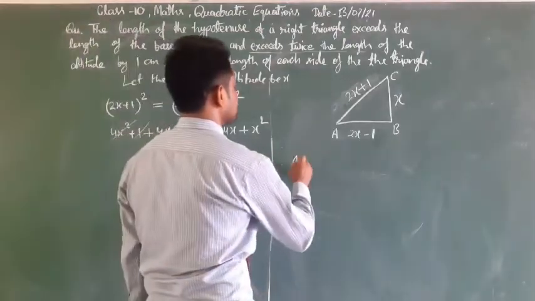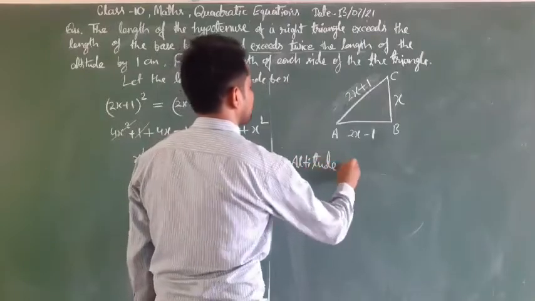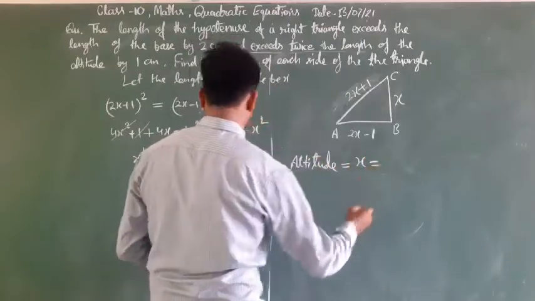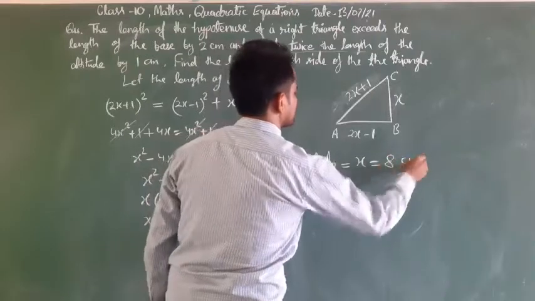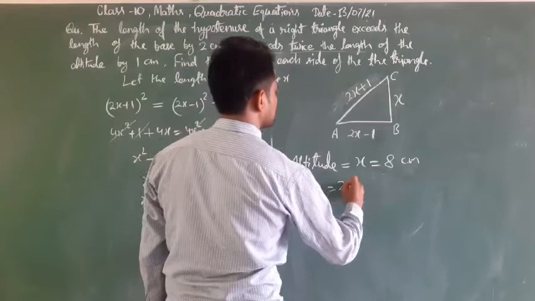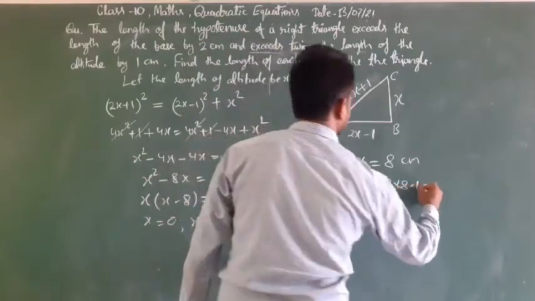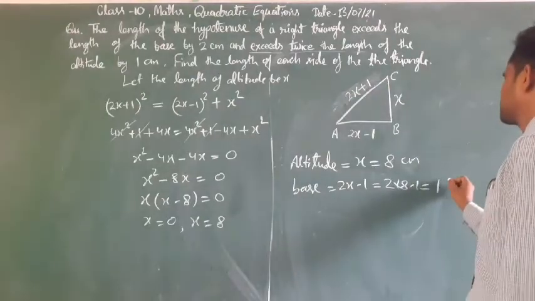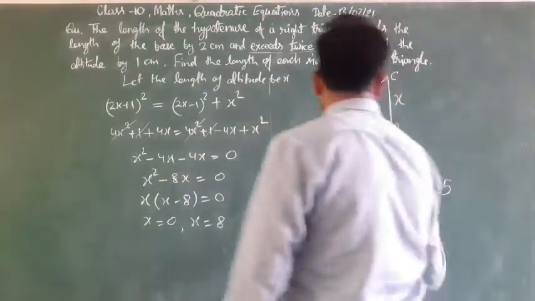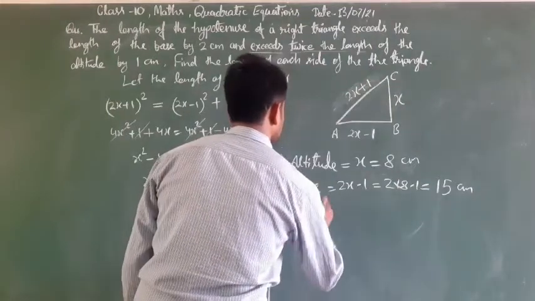Therefore the altitude is x, that means 8 centimeter, and the base is 2x minus 1, it means 2 into 8 minus 1, that is 15 centimeter. And what about the hypotenuse?